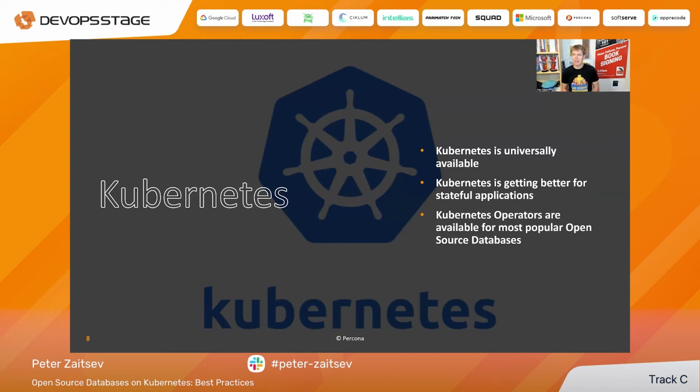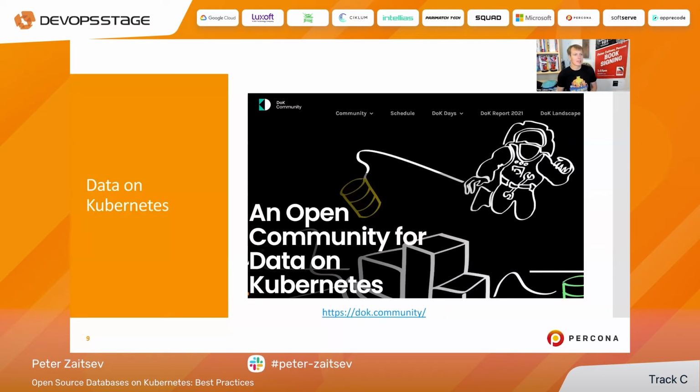And we can see that, for example, in Kubernetes operators becoming available for most popular open source databases. We can also see that, over the last years, a quite active community has formed, which is focused on running stateful applications on Kubernetes, called the Data on Kubernetes community.